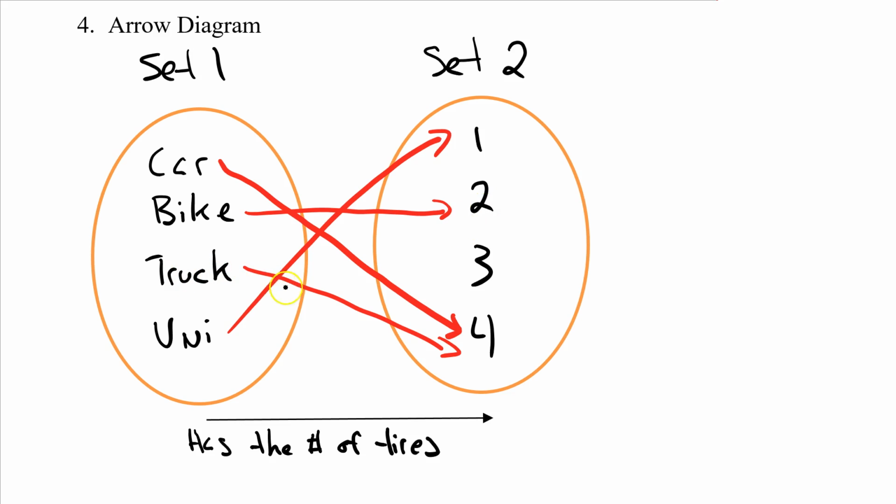The truck has the number of tires, which is 4. The unicycle has the number of tires, which is 1. So again, the same wording we used in our words, we now see in the arrow diagram. So you can take any 2 sets, identify the association using your words, an ordered pair, table, or an arrow diagram.